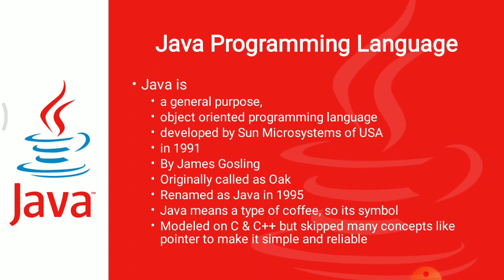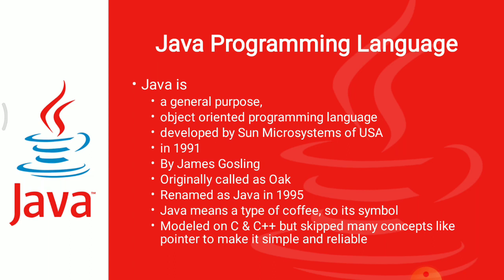After going through this introductory lecture of Java, the difference between C and C++, and what concepts are newly introduced in Java, we will go through a simple program, how to develop a program in Java.